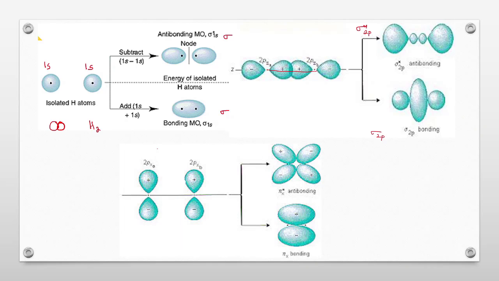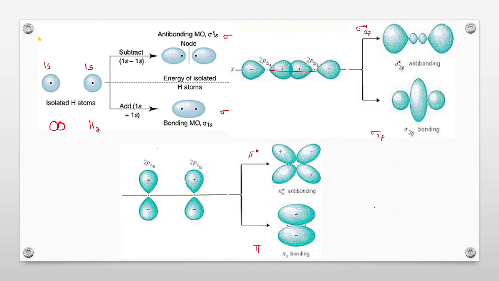If the two p orbitals are perpendicular to the internuclear axis, they overlap sidewise and form two molecular orbitals, the bonding pi and the anti-bonding pi star molecular orbitals.